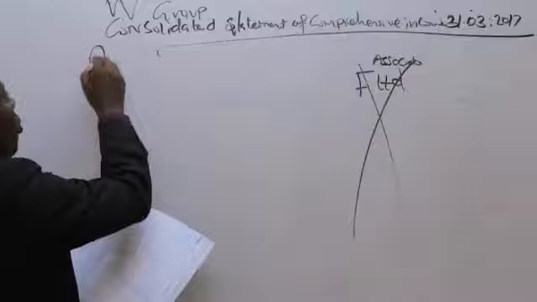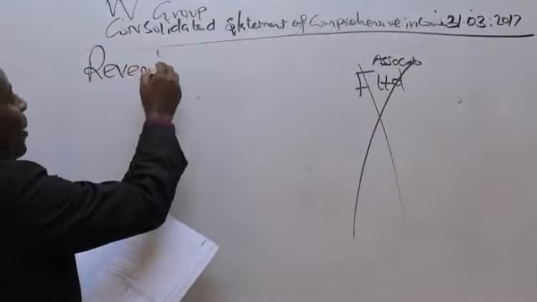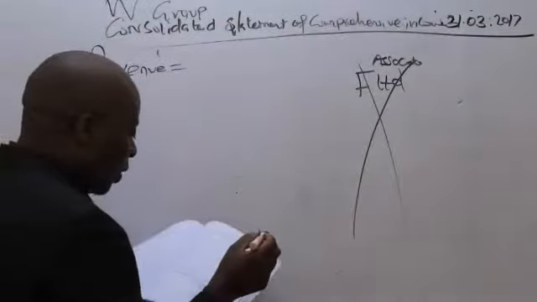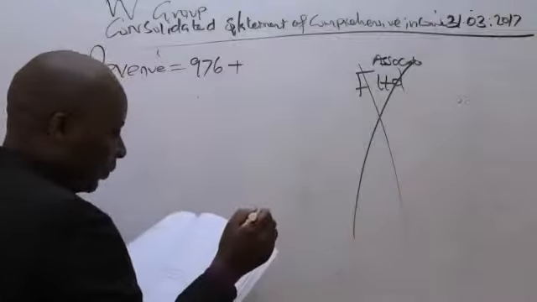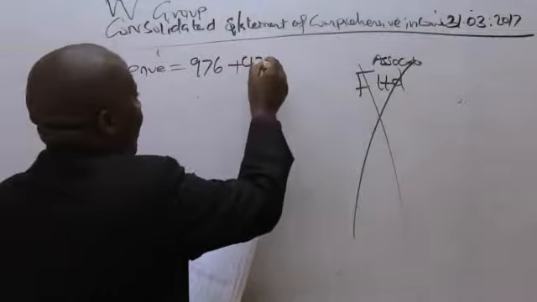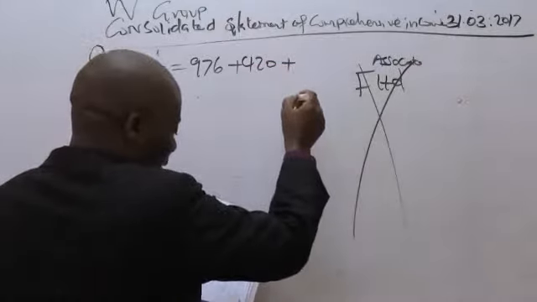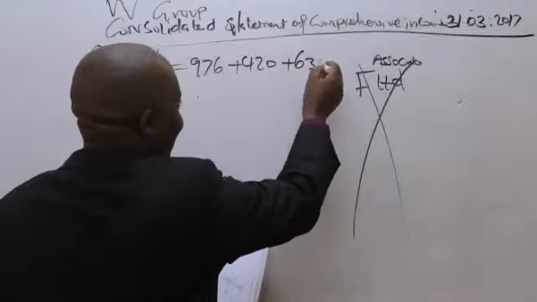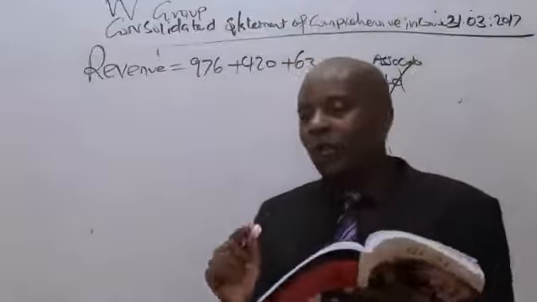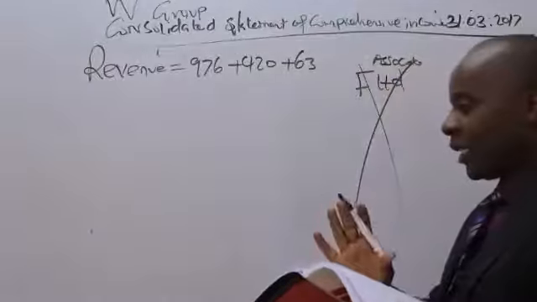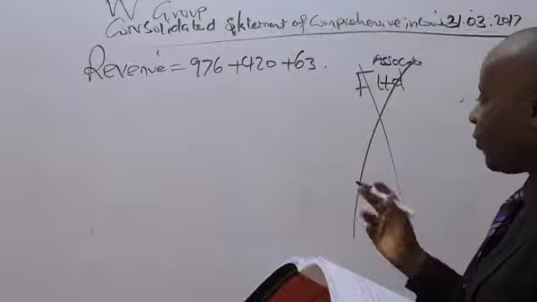Line by line is quite a simple thing. So I'll come and talk of revenue. The way I've been given their revenue, ladies and gentlemen, the first one is 976 plus 420 plus. Consolidation is quite a simple thing. I'm only adding 63. For the sake of the students that are just joining us, we studied this question quite earlier and we forgot to record.